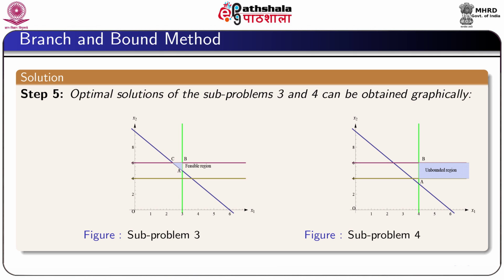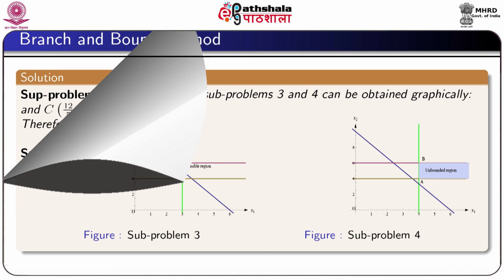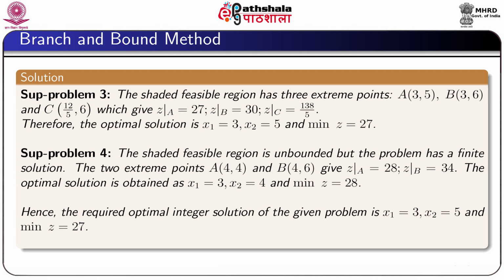So, we may get a finite bounded solution. So, for the sub problem 3, we find the optimal solution as x1 equal to 3, x2 equal to 5, as this extreme point gives the minimum value z, which is equal to 27.